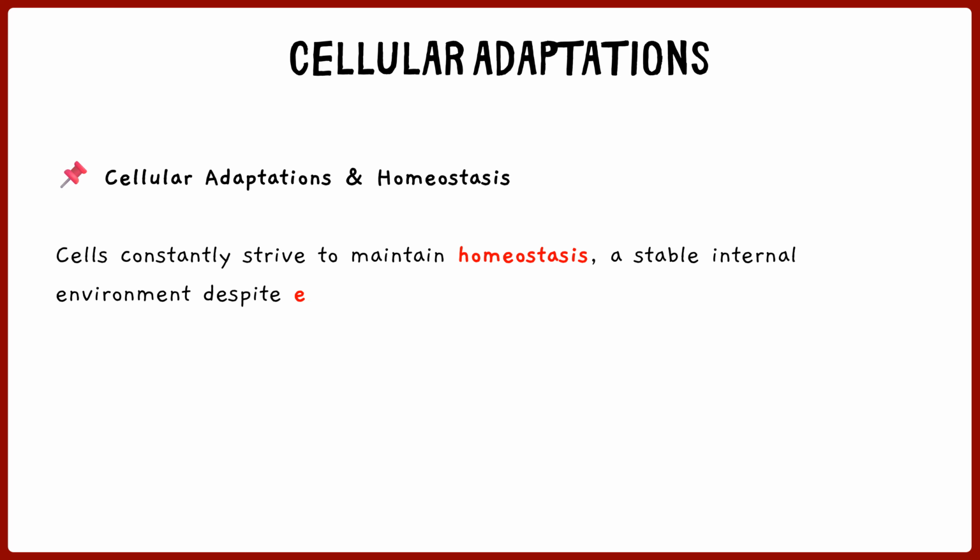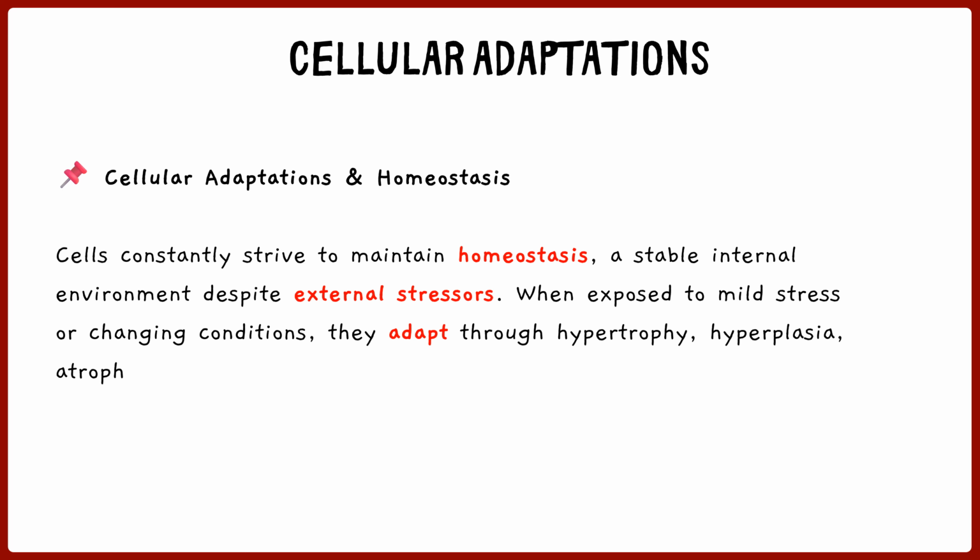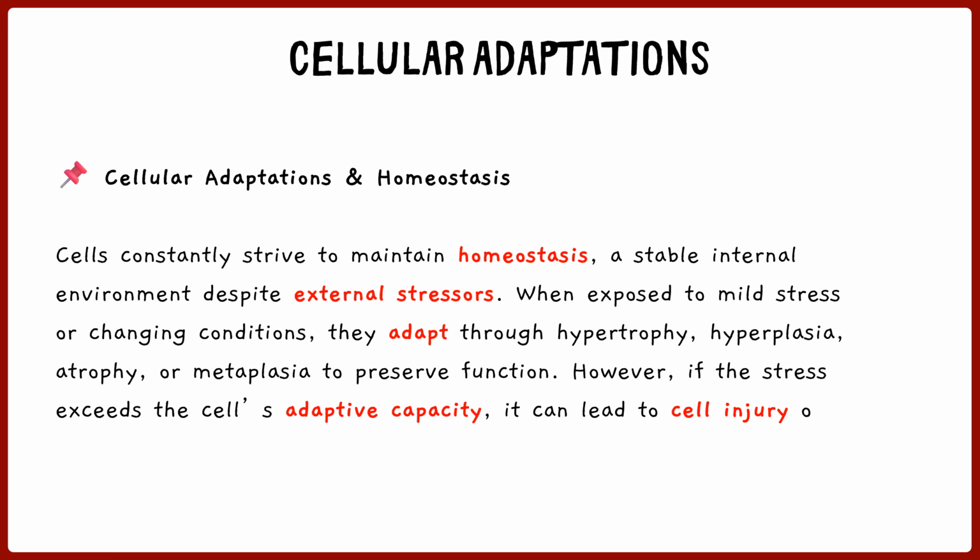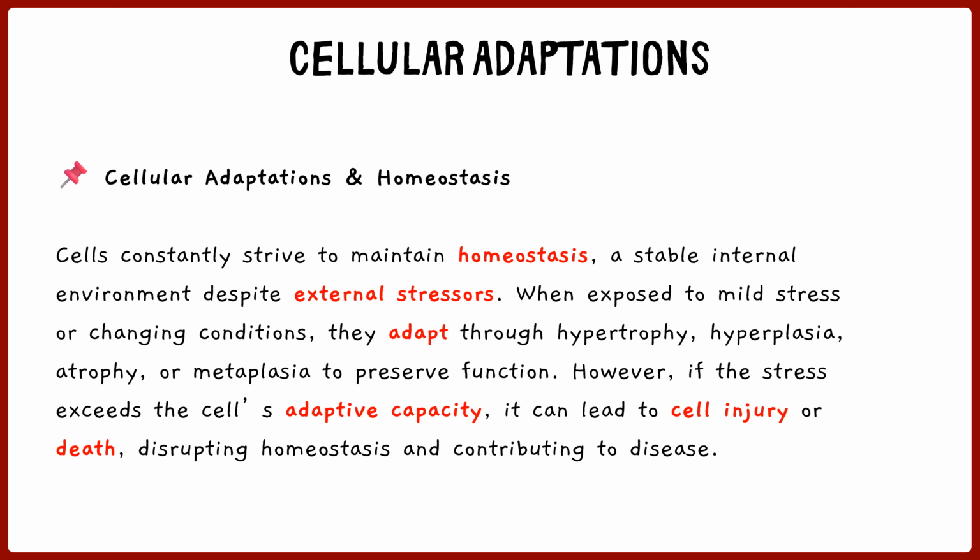Cells are basically trying to maintain homeostasis, which is a stable internal environment despite any external stressors. When exposed to any mild stress or any changing condition that is not too much, they will adapt through either hypertrophy, hyperplasia, atrophy, or metaplasia. These are all more physiological forms of adaptation, and these all will preserve function.